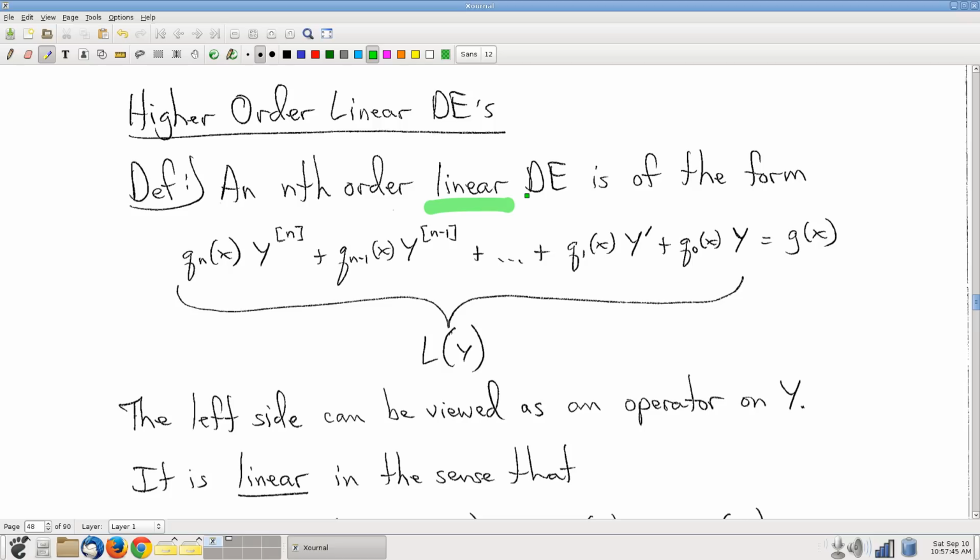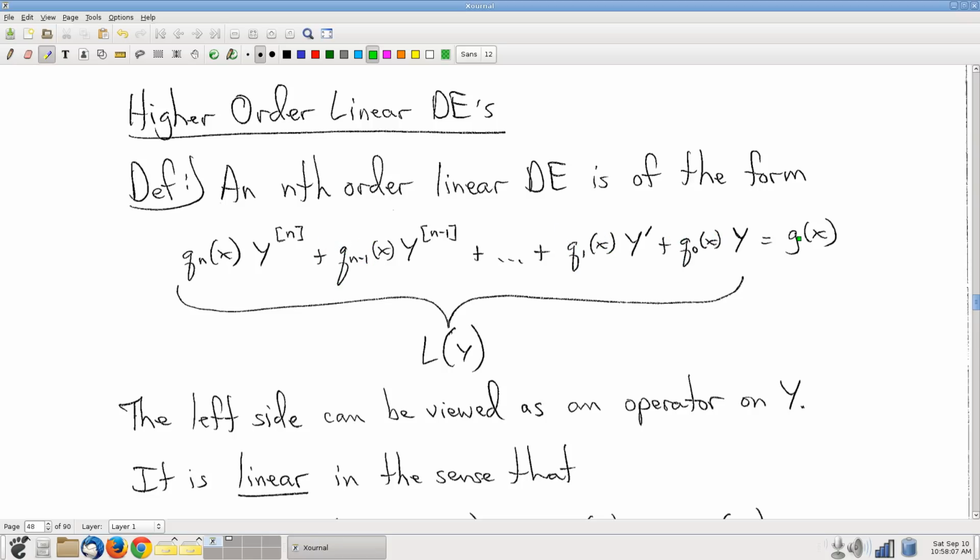Very importantly, we do not mean that some specific functions of x in this equation have to be linear. Absolutely not. We're not saying that y is a linear function. We're not saying that these coefficients are linear functions. Nothing of this sort.